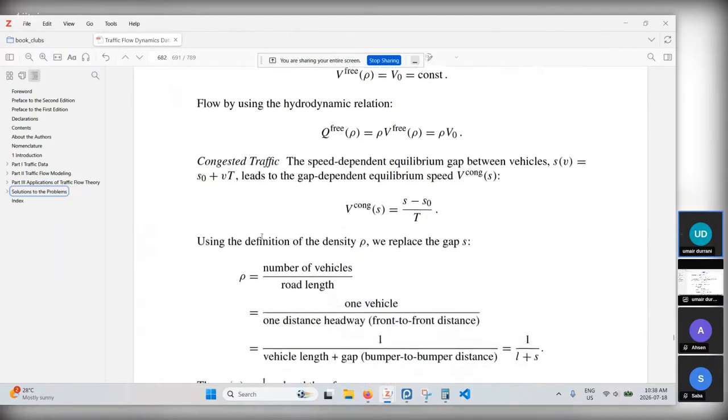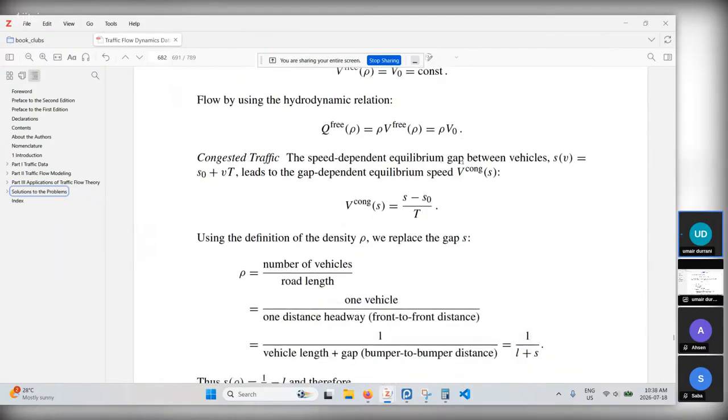For the congested traffic, the speed-dependent equilibrium gap between vehicles is given to us in the equation. In the question, it leads to the gap-dependent equilibrium speed. That turns out to be congested speed is going to be S minus S naught divided by T. Why are we using this equation, which is for a single vehicle speed using macroscopic speed?